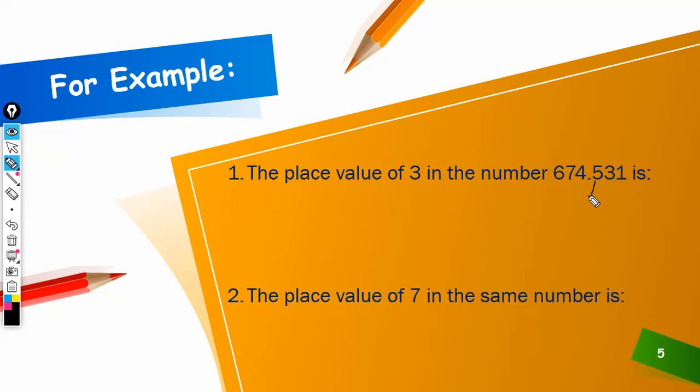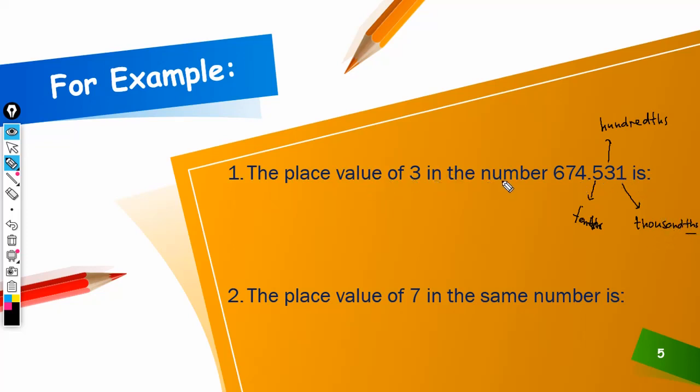The first number after the decimal point is tenths, the second number is hundredths, and the third number is thousandths.